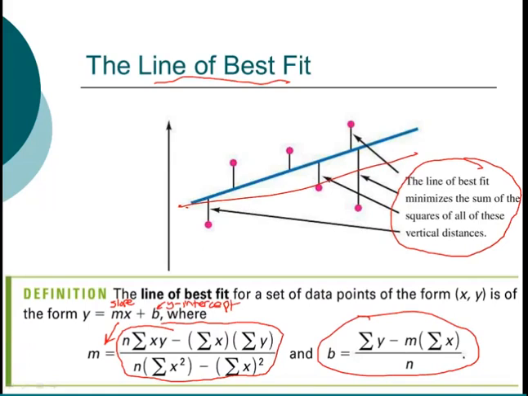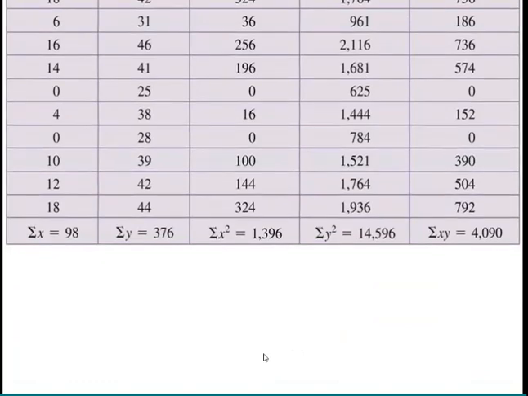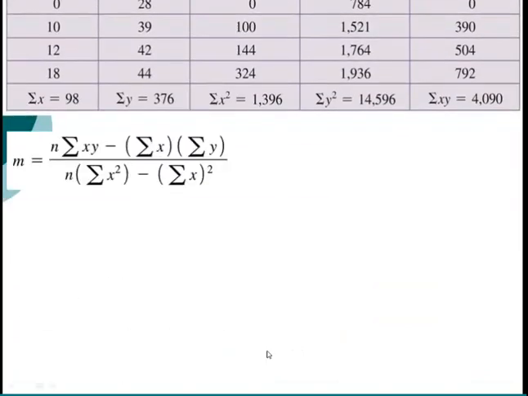And that'll give us our actual line of best fit, not just a regular trend line, but the actual best fit line. And so if I actually work with this data set that we were dealing with before, what I can do is find my m using this formula. Basically I had to do all that work that I just did for the correlation coefficient, and then I plug it into a little bit different formula to find my slope.